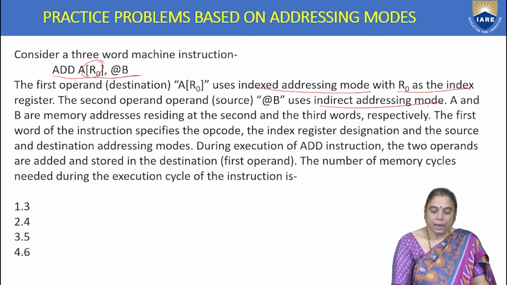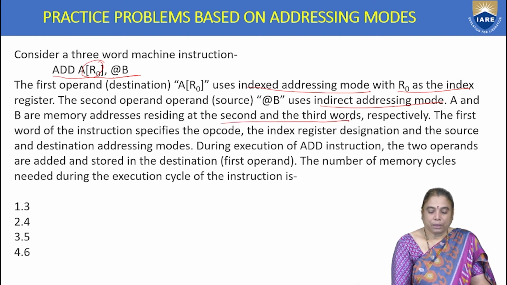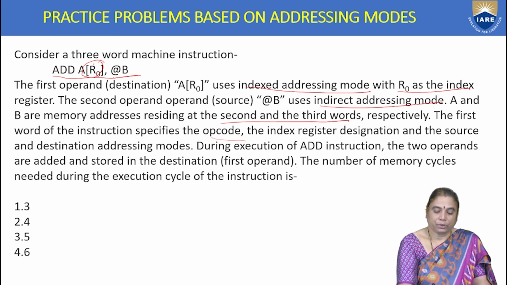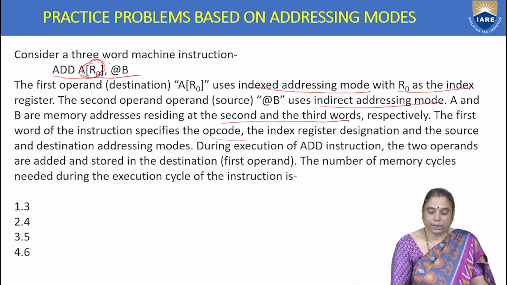A and B are memory addresses residing at the second and third word. The first word of the instruction specifies the opcode, the index register designation, and source and destination addressing modes. During execution of the add instruction, the two operands are added and stored in the destination. So here the first one is used to store the result.